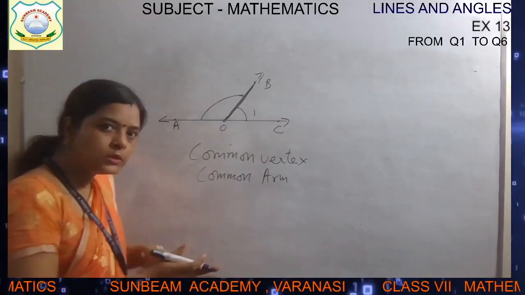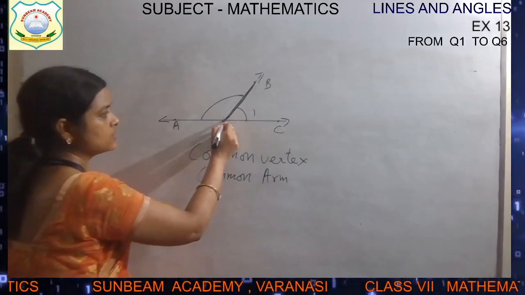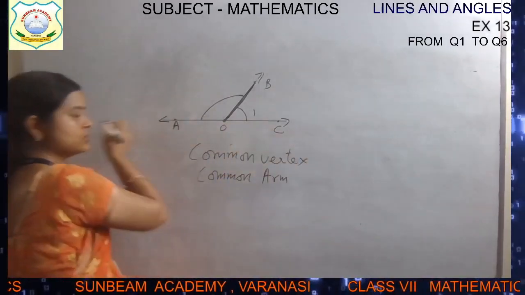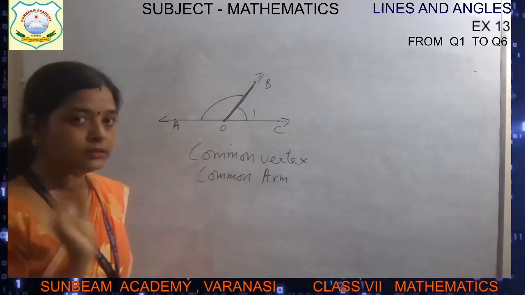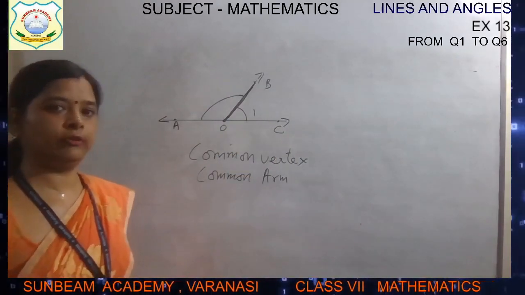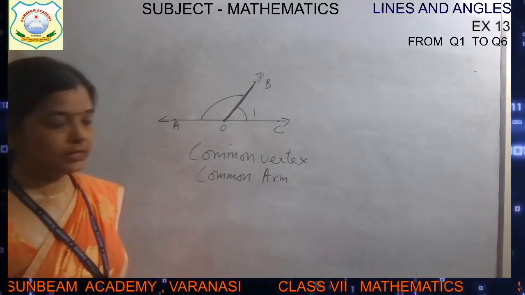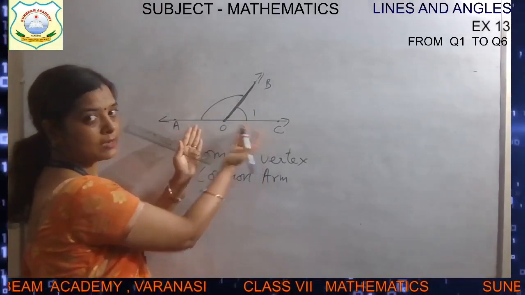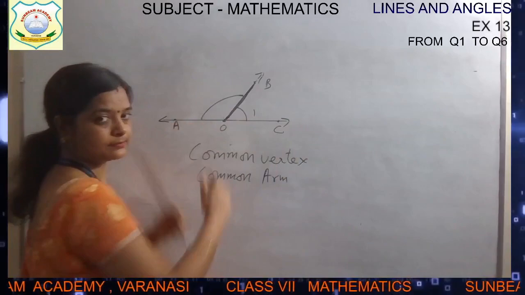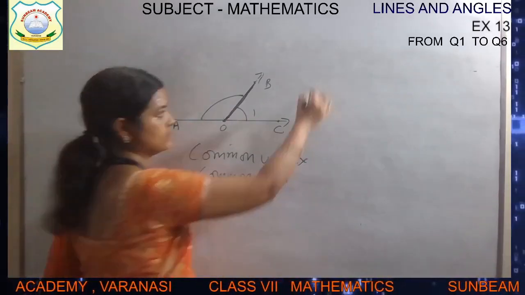And they are opposite rays. One is going to that side and another one is going to this side. Opposite rays. Then this fulfills the definition of a linear pair: adjacent angles whose non-common arms are opposite rays. Okay, see this.